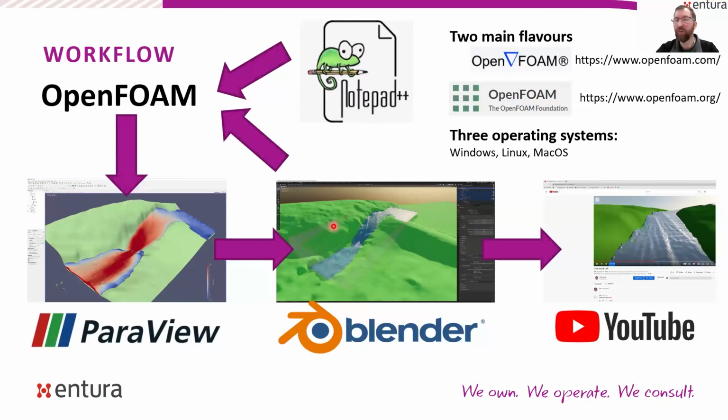And to start, we talked also that there were two main flavours of OpenFOAM. There's a .com and a .org version, very similar in their syntax. There are just some minor differences in the approaches, but either of them are equally capable with some different versions of some of their solvers, and so it's worth having a look at both those. And it works on three main operating systems, although it is basically a Linux-based system.